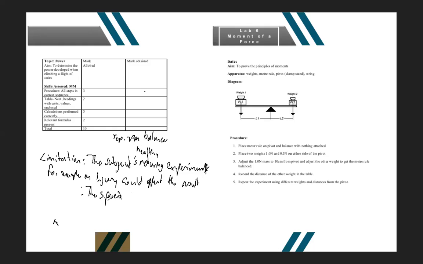We are assuming that the speed of the subject is the same, but the speed could decrease during the experiment. So we're not able to change that during the experiment.